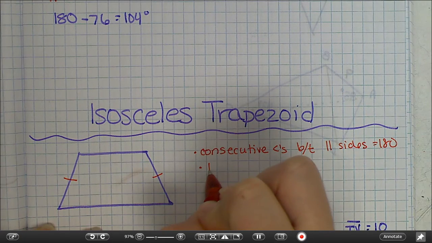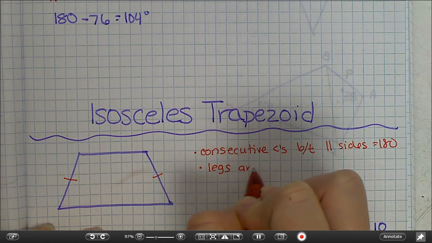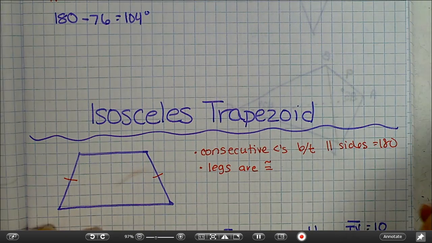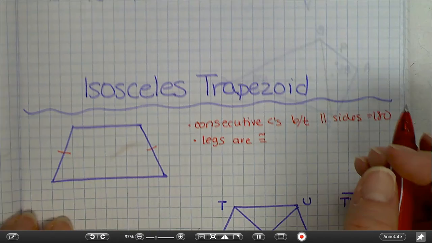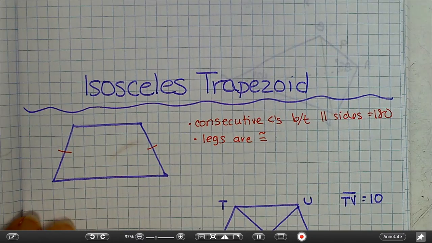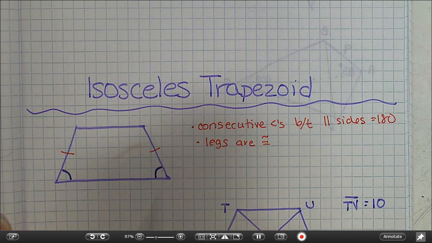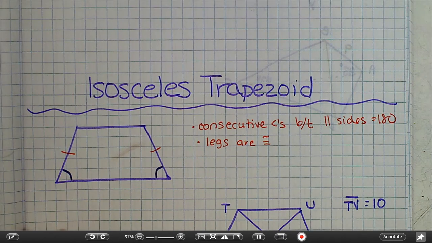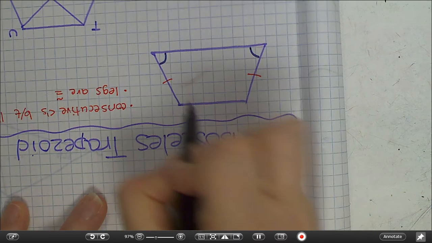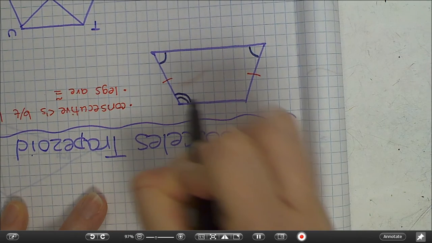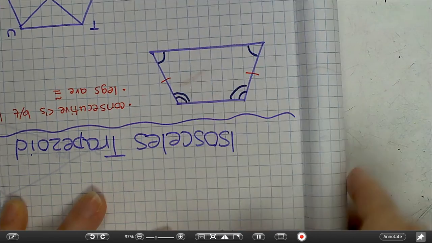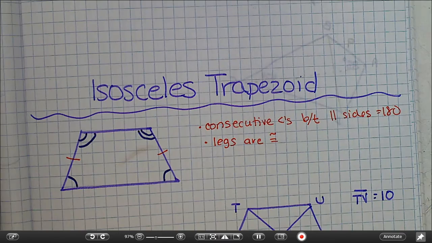Legs are congruent. Thinking of an isosceles trapezoid like an isosceles triangle might help you remember that it has base angles that are congruent. However, if I turn this way, these would be considered the base angles. So keep in mind there's actually two pairs of congruent base angles.